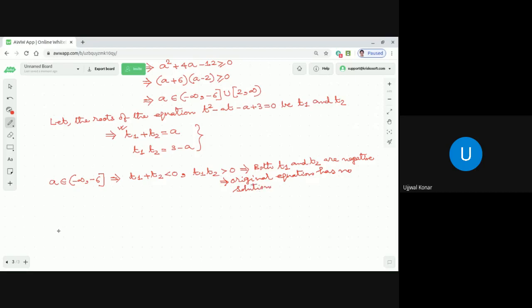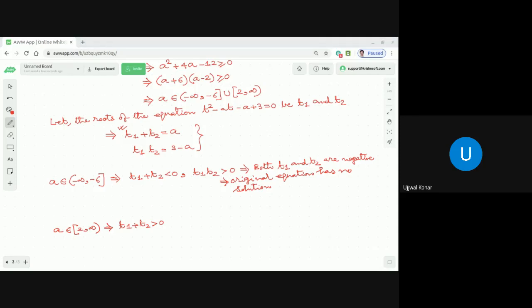Now let's find the other interval. The other interval we get is 2 to infinity, where 2 is a closed endpoint, but infinity is always an open interval. And in this interval, what can we get? t1 plus t2, which is a, is definitely greater than 0. Correct. And t1 into t2 is also 3 minus a.